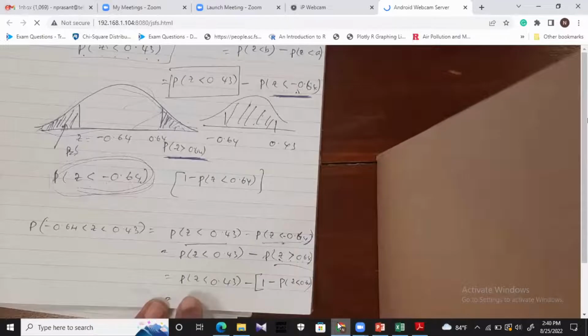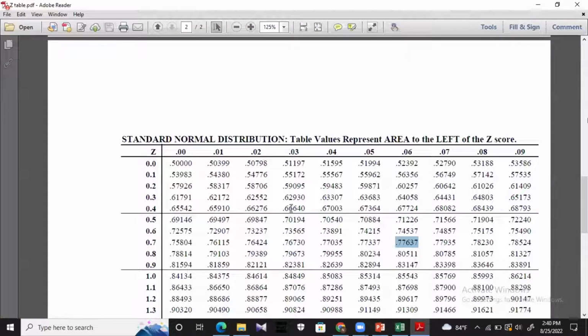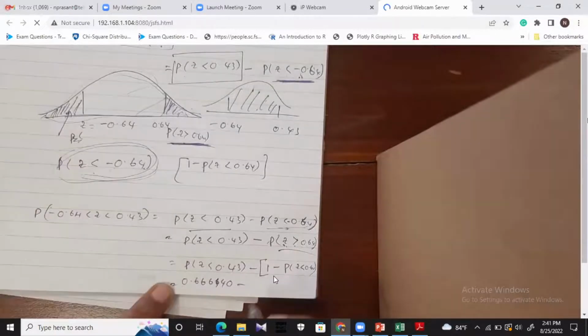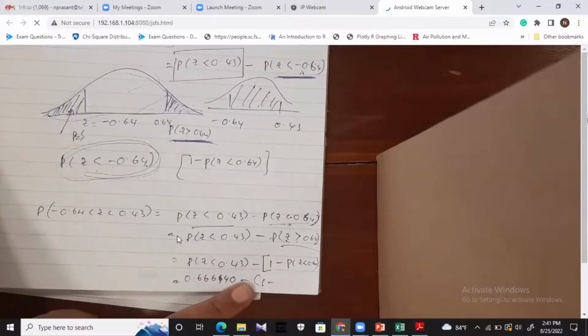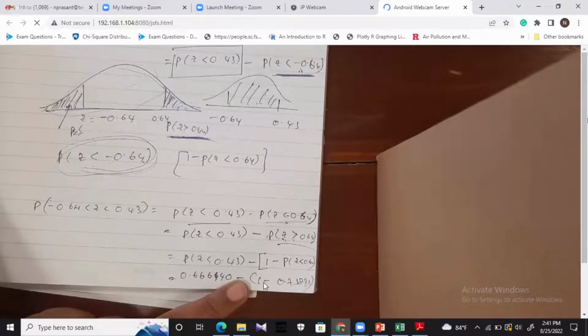Now what is P(Z < 0.43)? It is 0.6664. Minus the expression we have: 0.6664 minus (1 minus P(Z < 0.64)). P(Z < 0.64) is 0.73891. 1 minus that value.